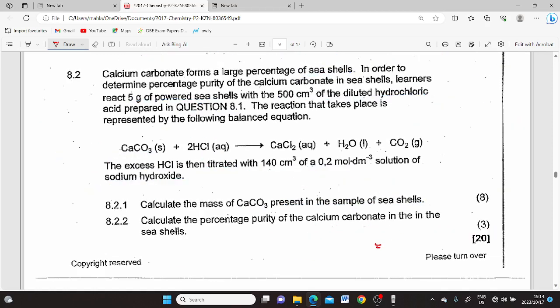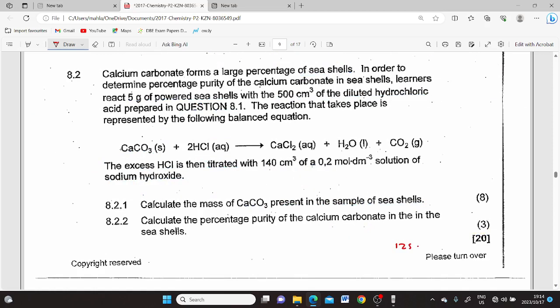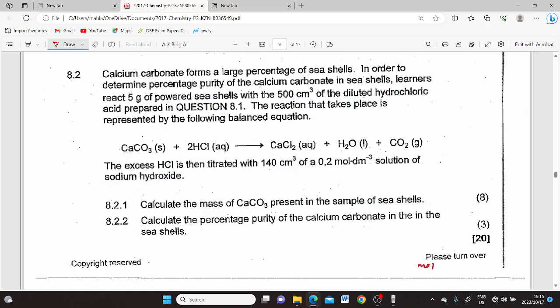So let's substitute. The number of moles initially was 0.125 minus finally 0.028 moles. When you subtract the two, that is the number of moles of HCl that reacted with the calcium carbonate, giving us 0.097 moles.